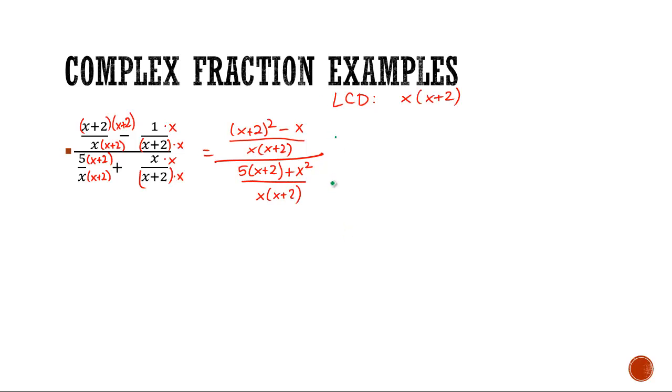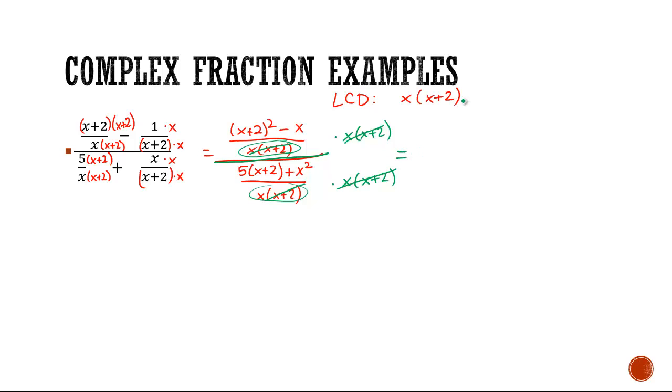Now we can multiply the numerator and the denominator by x times x plus 2. We're allowed to do that for this big fraction, and that will actually eliminate our denominators. Now that step, if you just actually took this and used it as a division, you'd notice that the top multiplied by the flip of the bottom, this bottom and this would be in the bottom and this would actually be in the top when it flips, so they'll actually cancel that way as well.